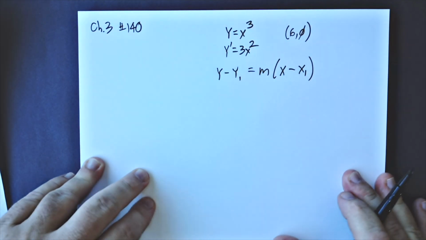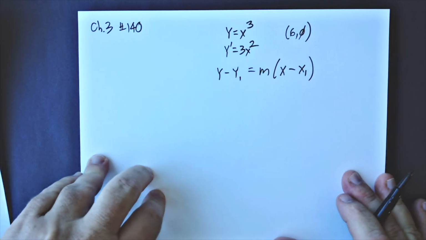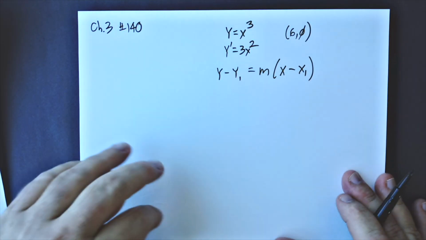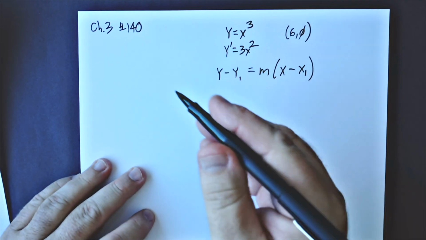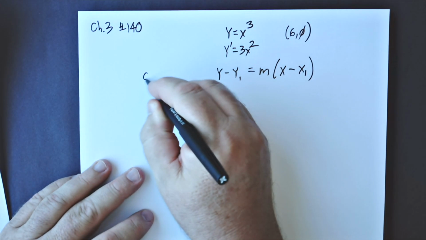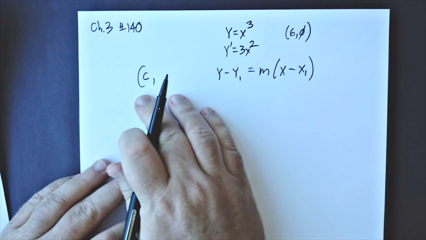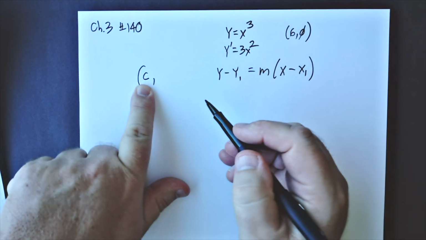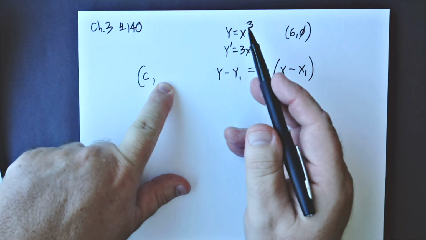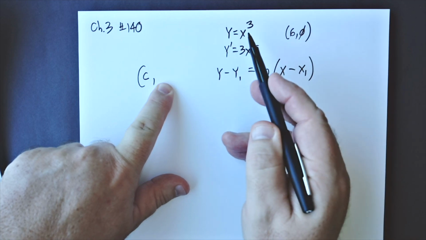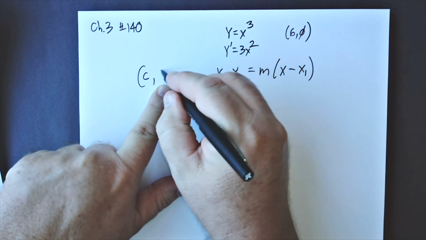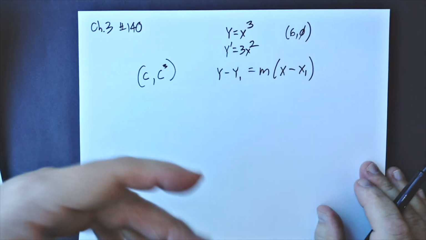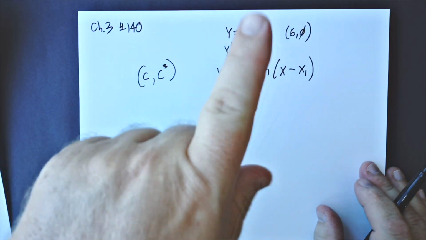Okay, my friends? So what we need to find is where that point on the line is. I'm going to call our magic point that we're looking for C. That's the x value on the curve. If that's my x value, what's my y value that goes with that on the curve? Look right here, wouldn't it be c cubed? Whatever c is, I'm going to cube it, and that tells me the point on the curve.